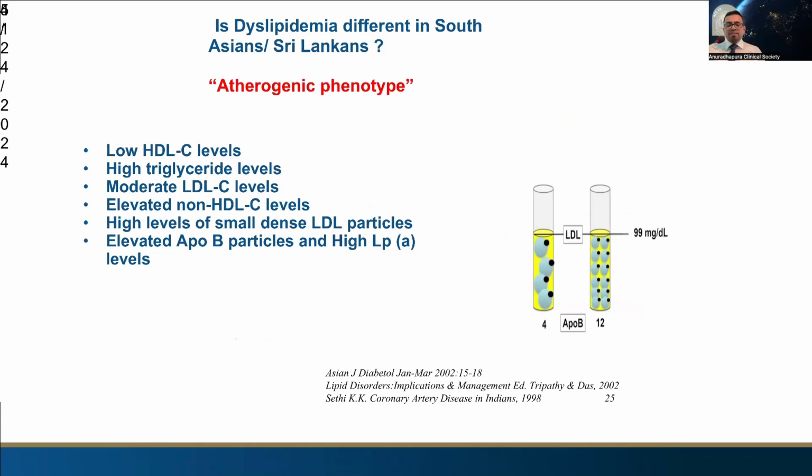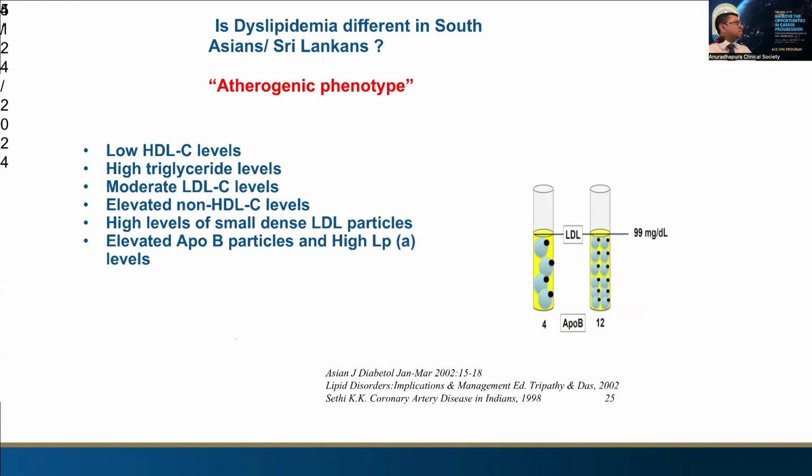And I will talk about special conditions like dyslipidemia in Asians and Sri Lankans. What is different from the rest of the world is we have very low HDL levels, high triglyceride levels, and also moderate LDL levels.